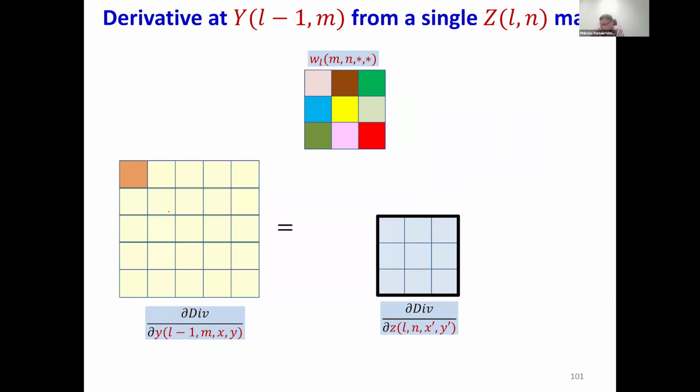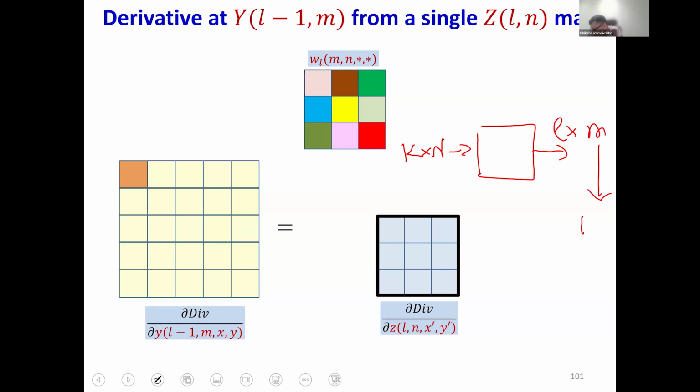So let's say if I have any number of elements, k cross n, going into some operation, and the output is some, say, L cross n, right? And then this is used to compute the derivative of the divergence. It doesn't matter what these guys are.